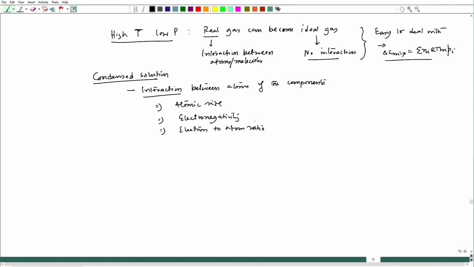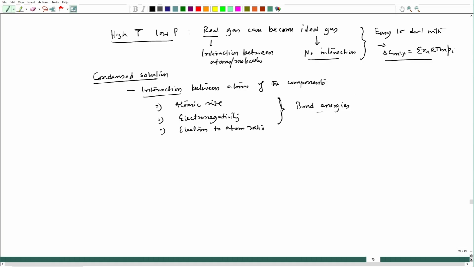All those factors will be there, and those interactions would also influence the bond energy. Those interactions between atoms would lead to a bond between those atoms, and every bond would have some specific energy, and those bond energies will be affected.